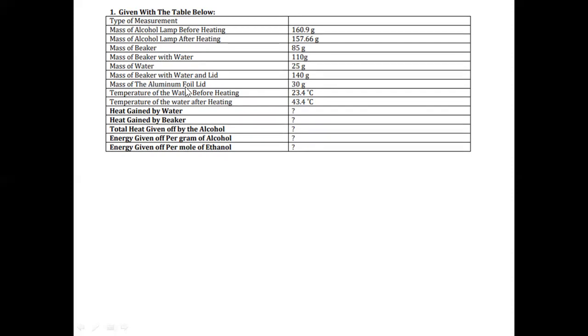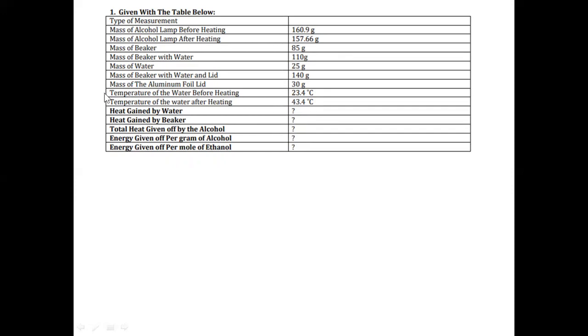To determine the mass of the aluminum foil lid or the cover, 140 grams minus 110 grams gives us 30 grams. Then the temperature of the water before heating with alcohol as our fuel is 23.4 degrees Celsius, and the temperature of the water after heating is 43.4 degrees Celsius.